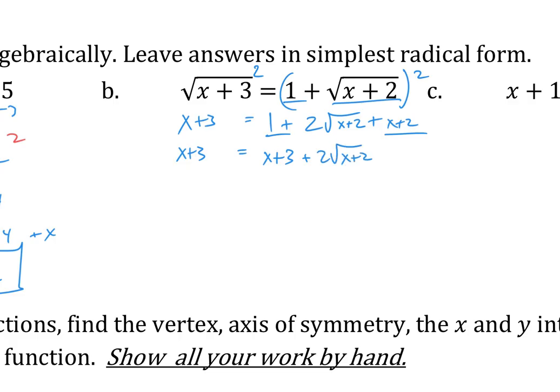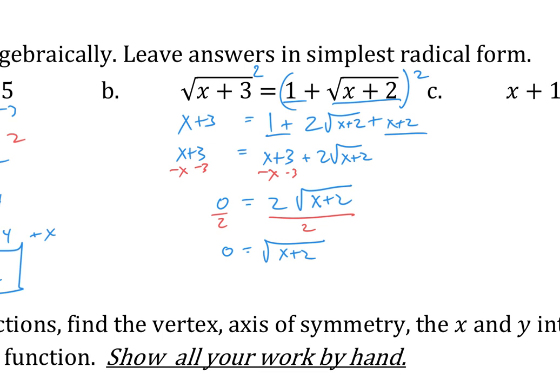And let's get the x's out of there. Well, it looks like these just go away. Isn't that convenient? So this one works out really nice. Doesn't always happen this way. 2 square root of x plus 2. Got to divide by 2, divide by 2. So 0 equals the square root of x plus 2.